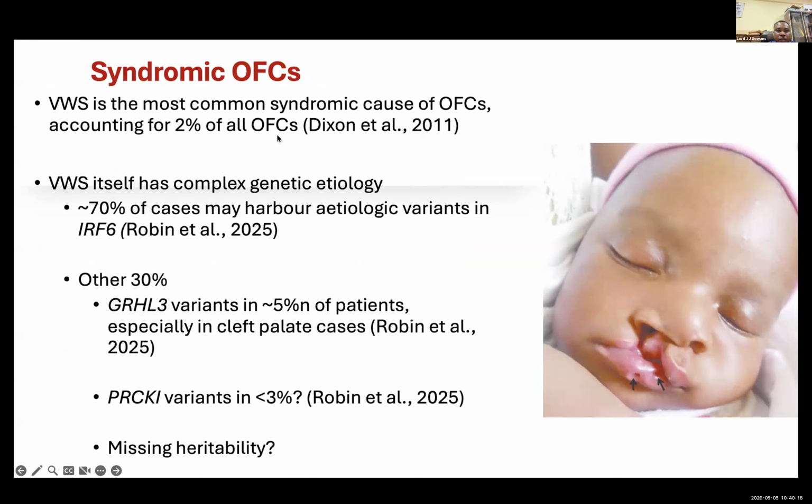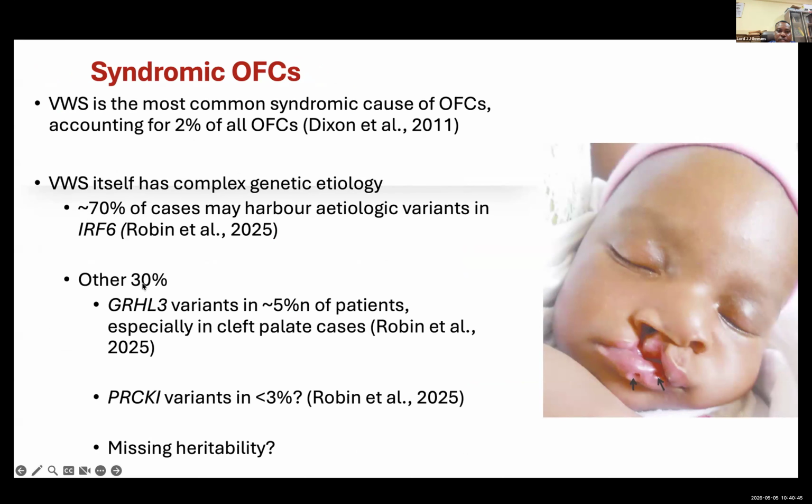Worldwide, we know that Van der Woude syndrome is the most common cause of syndromic cleft, accounting for about 2% of all of these. And this is a case of Van der Woude syndrome from our center, for example. And we know that if you pick that syndrome alone, about 70% of them may be due to mutations in the IRF6 gene.